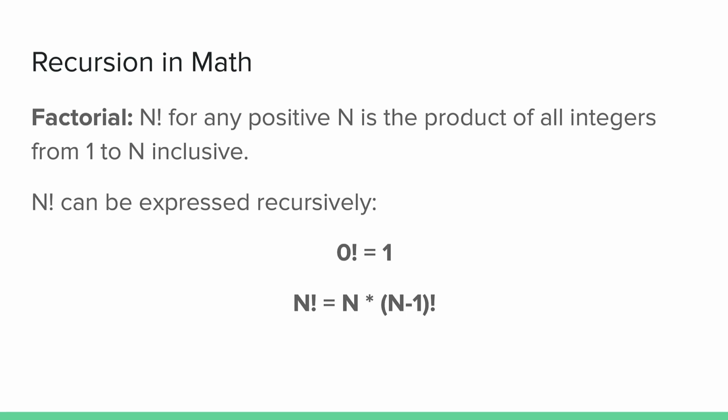If we have deconstructed our problem and arrived at an n of 0, we will say that the answer to 0 factorial is 1. So if we recognize the base case, n is 0, we will respond with the answer 1. But if we have a positive integer, anything greater than 0, we define the value of n factorial to be the value of n times, here's the recursive part, (n minus 1) factorial.